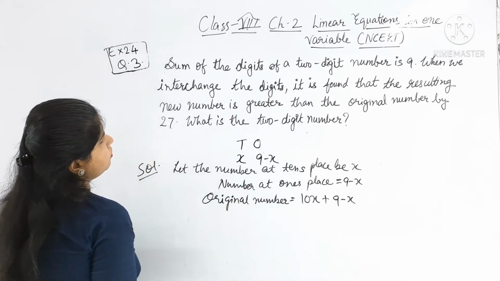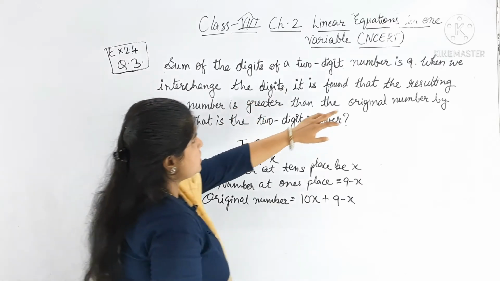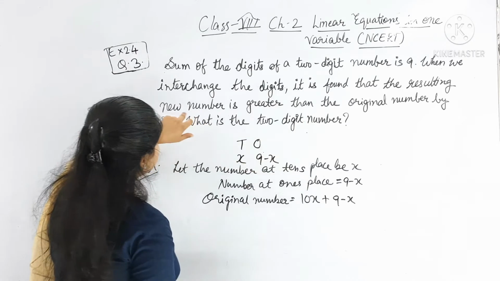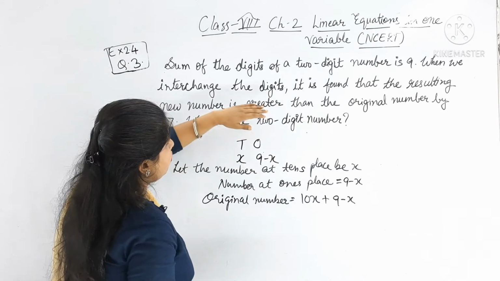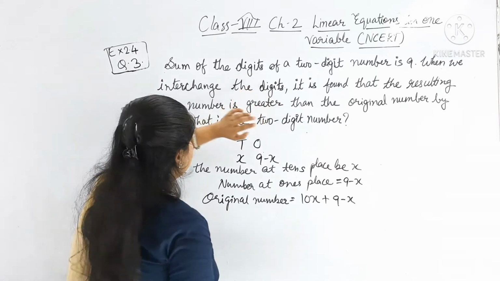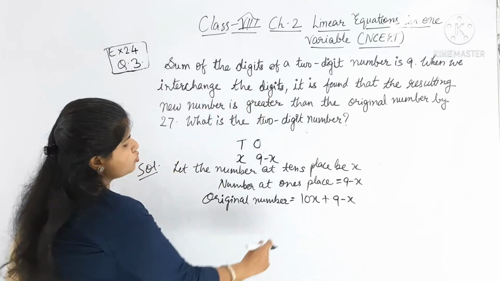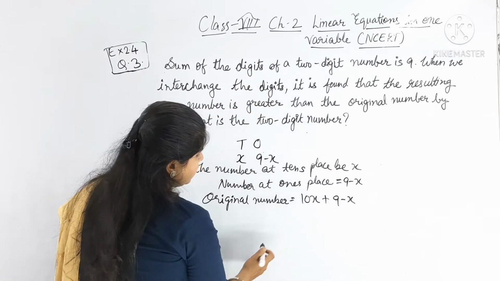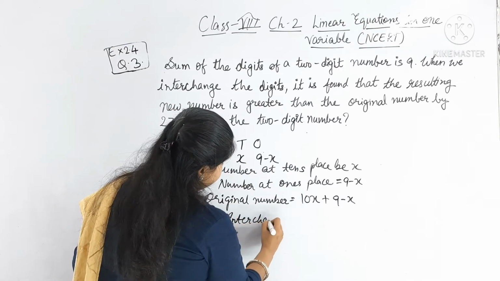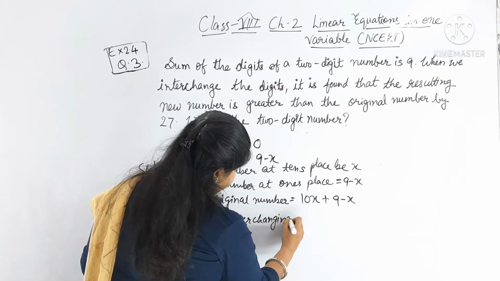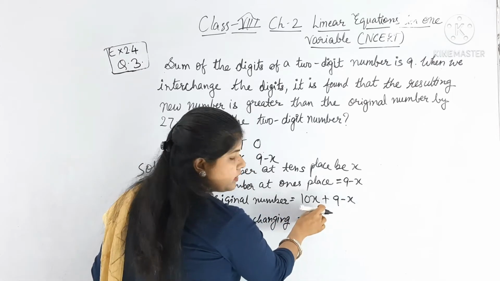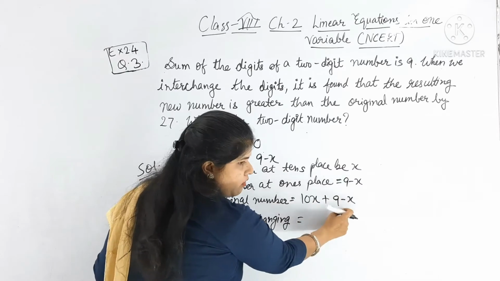Now you can read this one: when we interchange the digits, it is found that the resulting new number is... up till here we have to read, that is, interchange the digits. So we have to interchange these digits. By interchanging the numbers, 9 minus x will be in the tens place and x will be in the ones place.